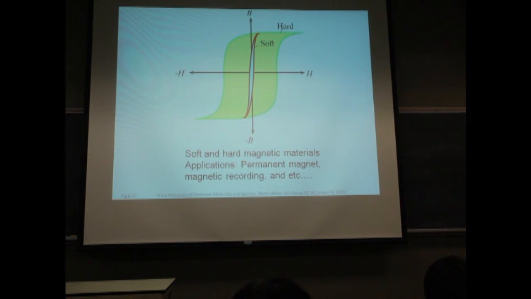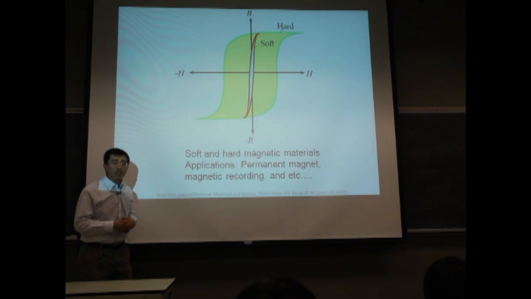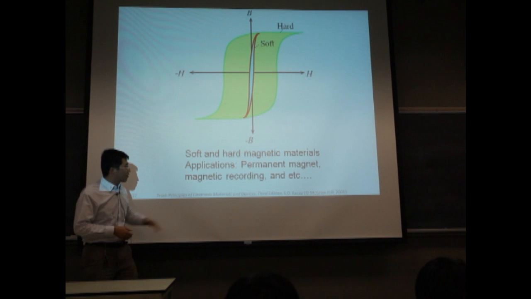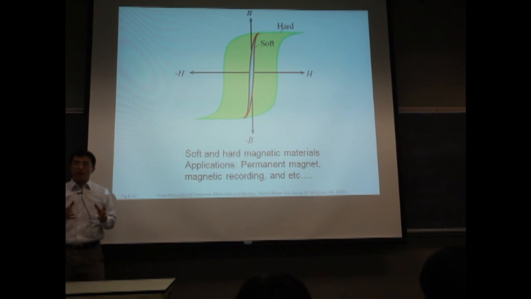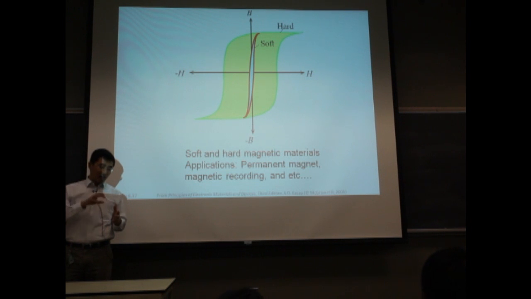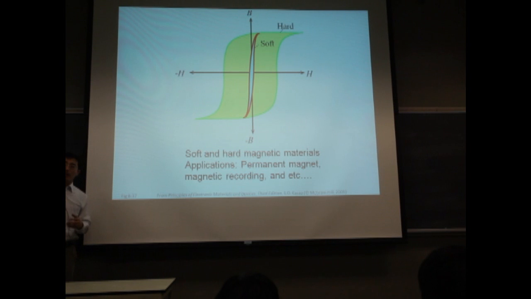These two materials have different applications: a permanent magnet tends to be hard magnetic material, while things used in transformer coils, which people magnetize and demagnetize frequently, tend to be soft magnetic materials. This basically is the content of chapter 10.